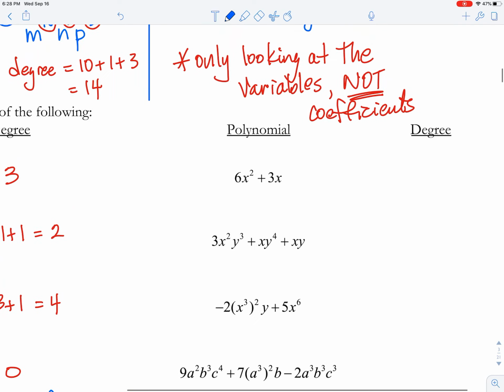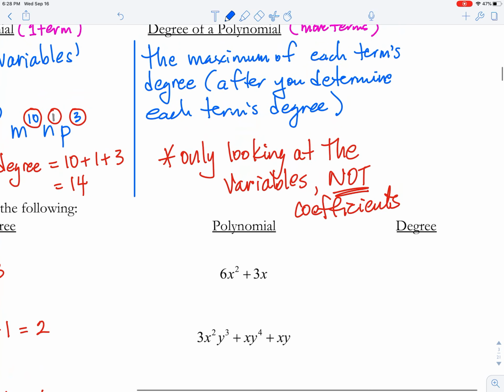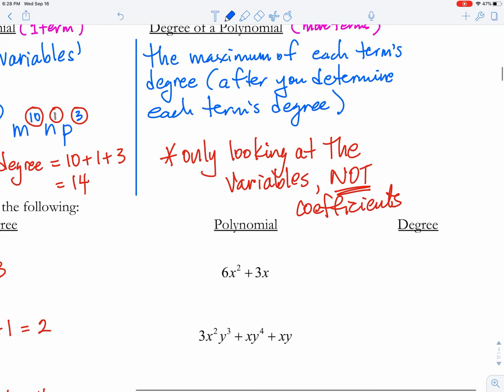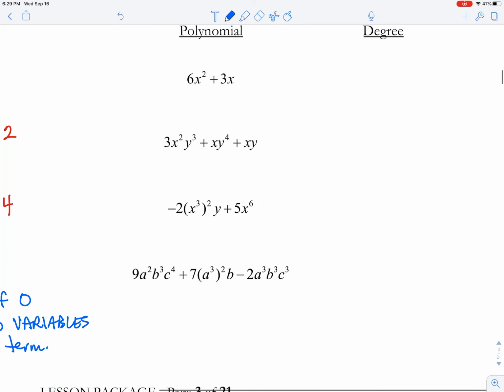And just a reminder, we're going to calculate each term's degree, and then we figure out the biggest, and whichever one's the biggest overall, that's the degree of the whole polynomial. So I'm going to separate them at their pluses or their minuses, and then we're going to figure out each term separately. And remember, we're not going to look at the coefficients.